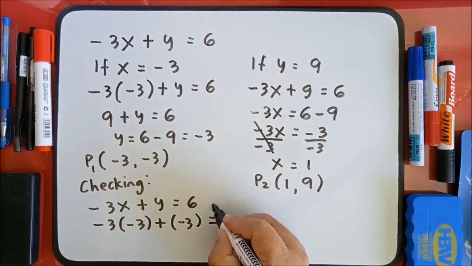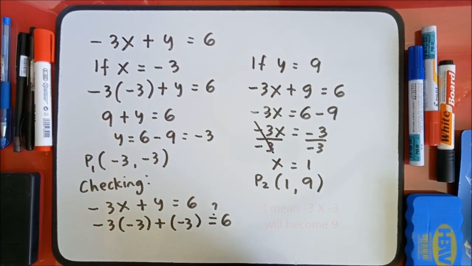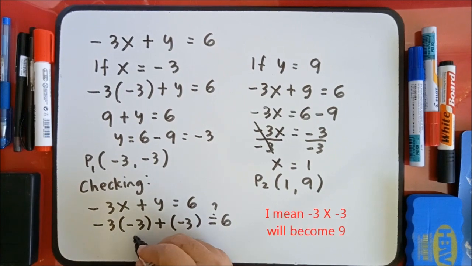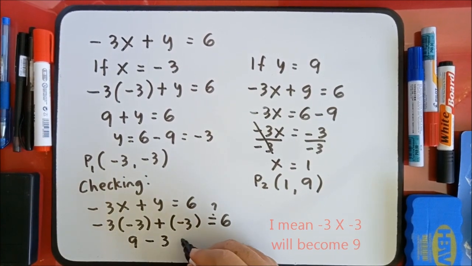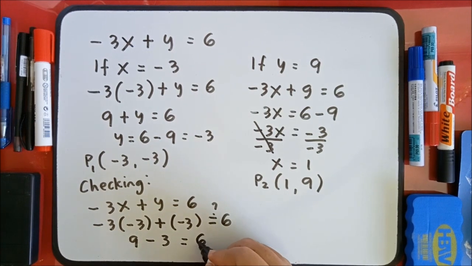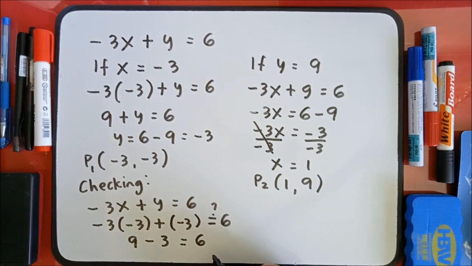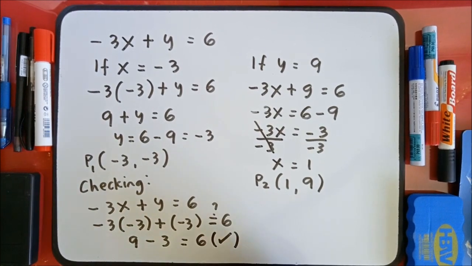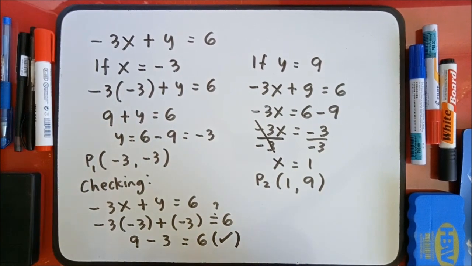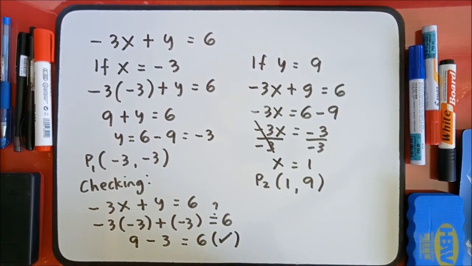Will this be equal to 6? Negative times negative will become 9. Positive times negative will become negative. Is 9 minus 3 equal to 6? Yes. So this is a root of your equation, or solution of your equation.